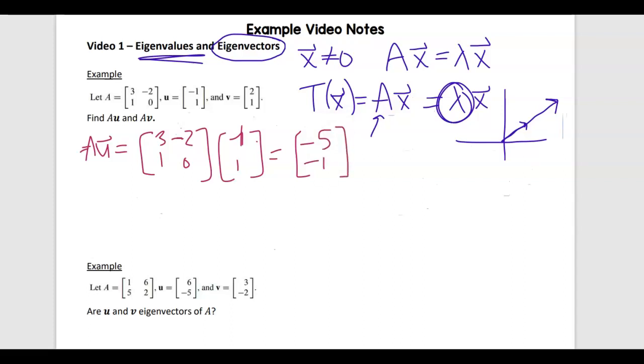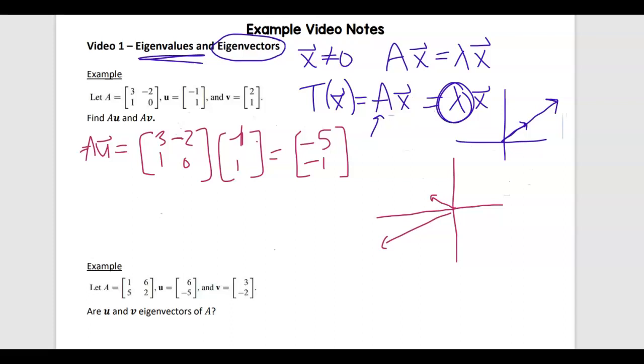So originally, this vector U is at -1, 1, and then when I multiply by A, when I transform U by matrix A, I go down to -5, -1. Now, that's not just a reflection or a dilation of the original vector. That's a full transformation in the R2 plane.